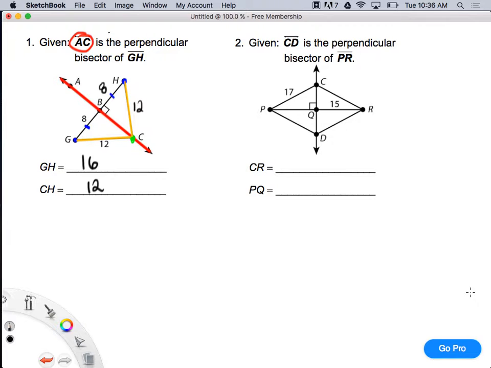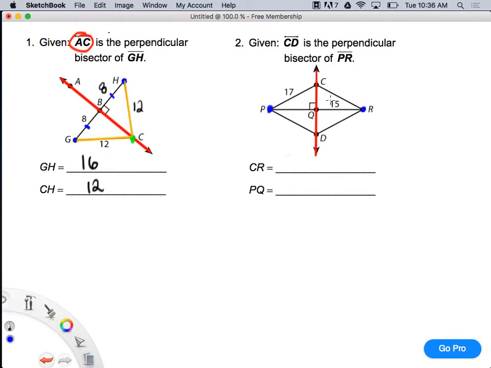Okay, let's take a look. CD is the perpendicular bisector of PR. CD is the perpendicular bisector. So here's this. Okay, PR, there's the endpoints.